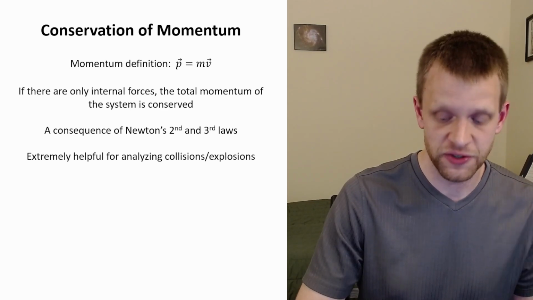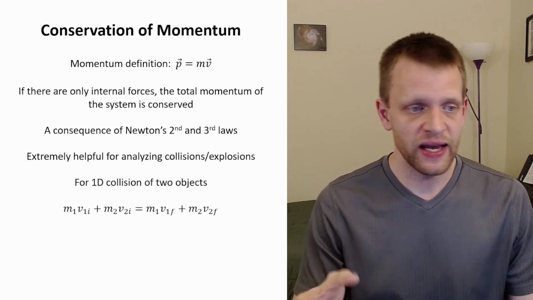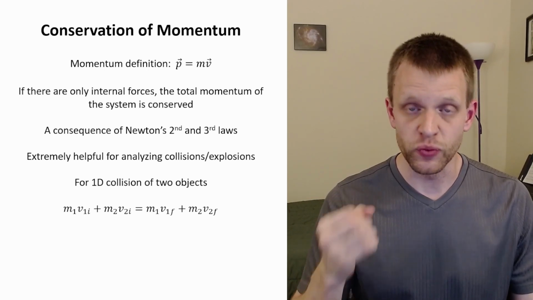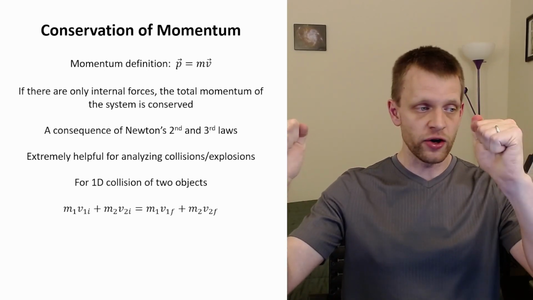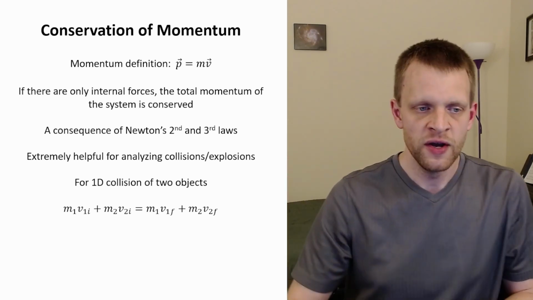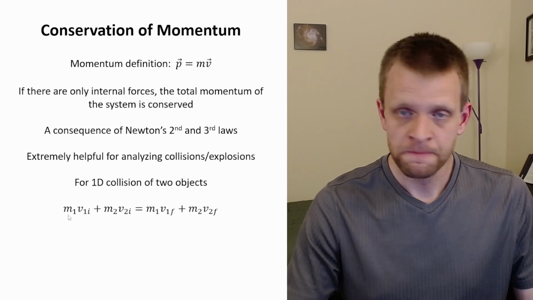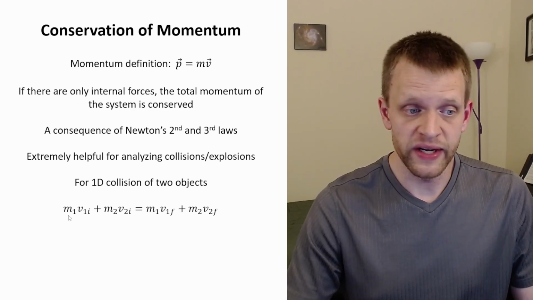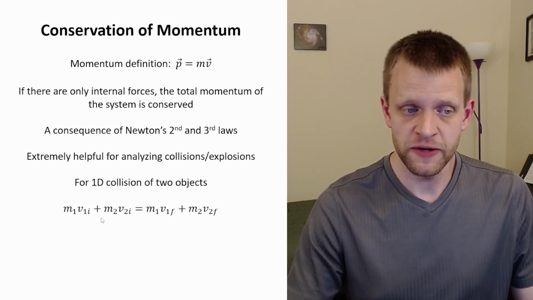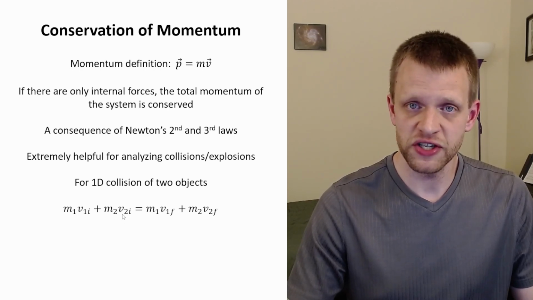If I look at that system and it only has internal forces, I can use this conservation of momentum idea to great effect. So, as an example, let's say I have a one-dimensional collision between two objects. So two objects that are moving towards each other, they hit each other and maybe bounce off a little bit. We can look at the total momentum before, saying object 1, its mass times its initial velocity, plus object 2, its mass times its initial velocity.